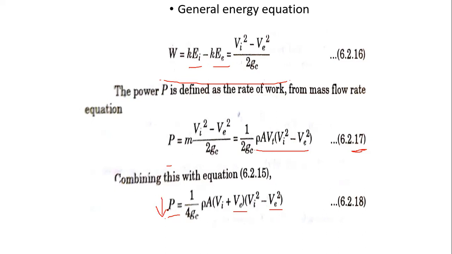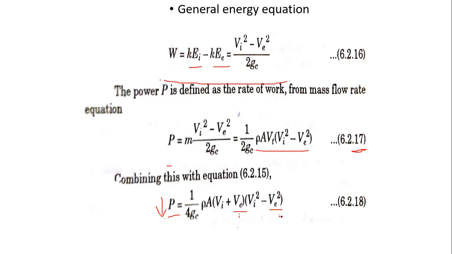So the exit velocity Ve results in low and high powers. Maximum power can be obtained with this Ve term only, because it is the changing term.